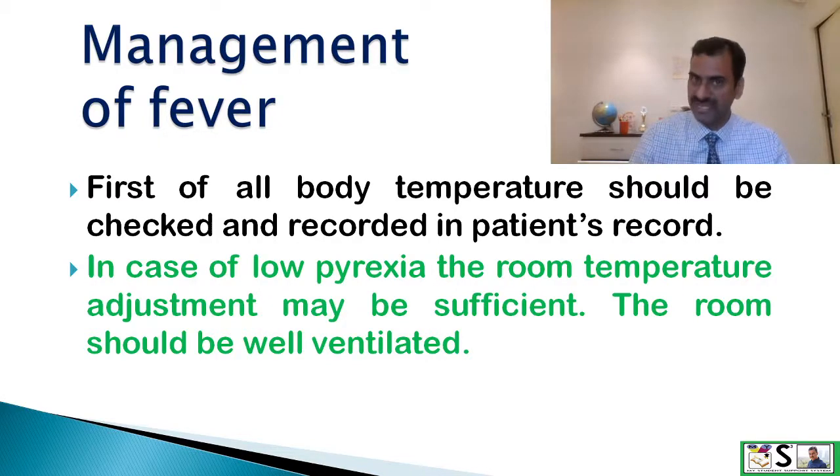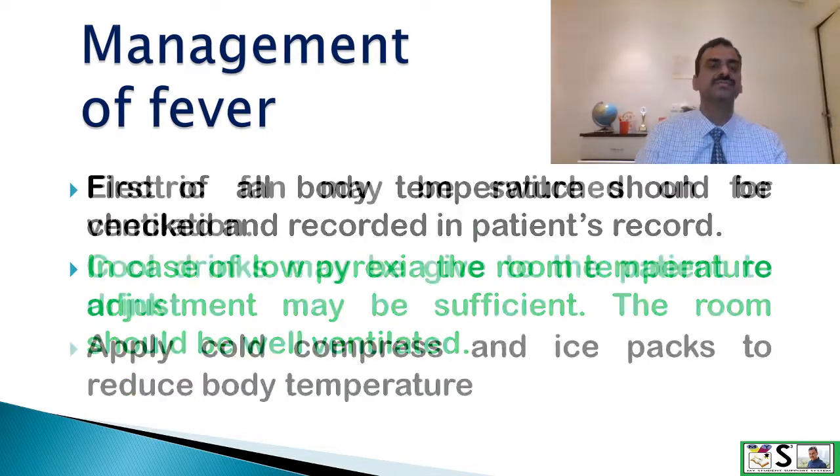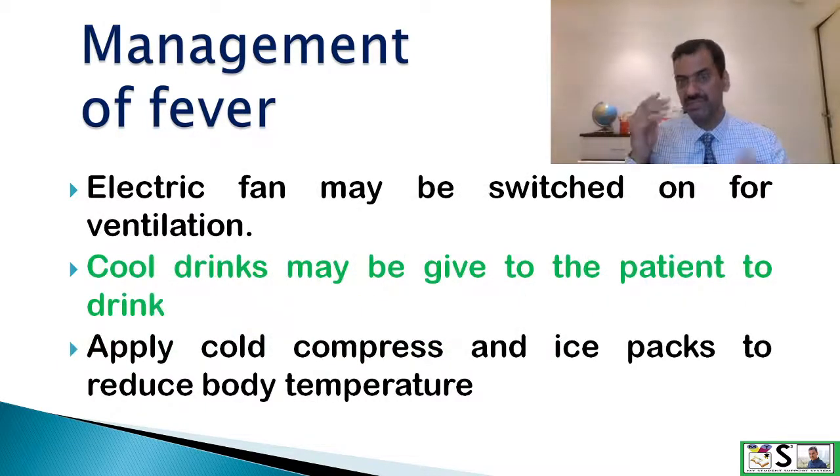In case of low pyrexia, what is low pyrexia? We just have studied below 100. Then the room temperature adjustment only needed. The room should be well ventilated. Electric fans can be switched on for ventilation.